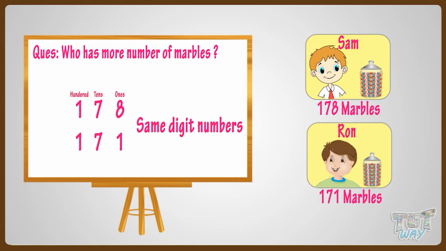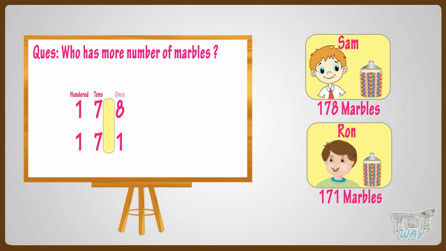So, first compare the digits at hundreds place. Both are same. So now, move to next place. That is the tens place. Again, both digits are same. Now, move to next place.